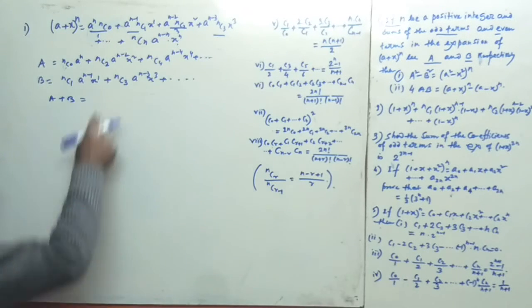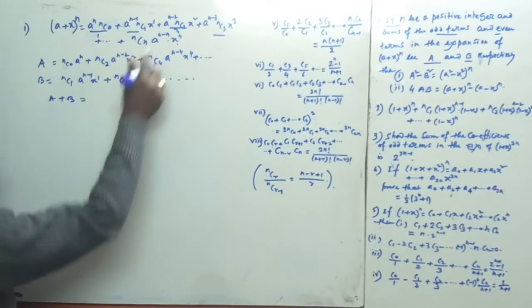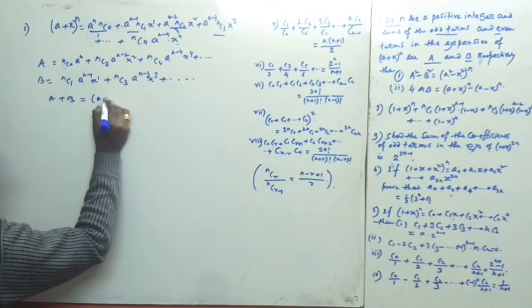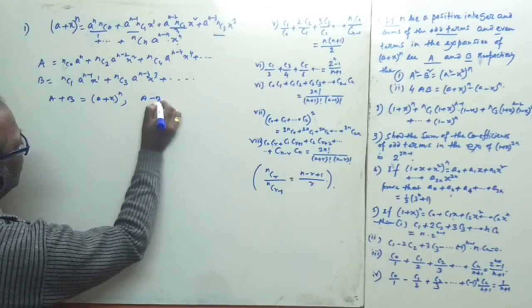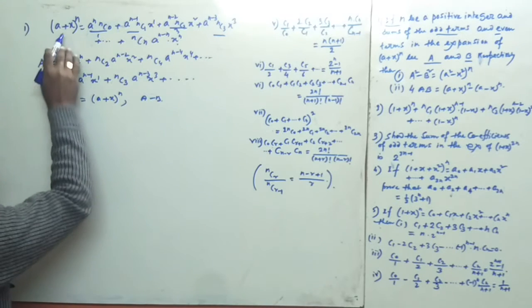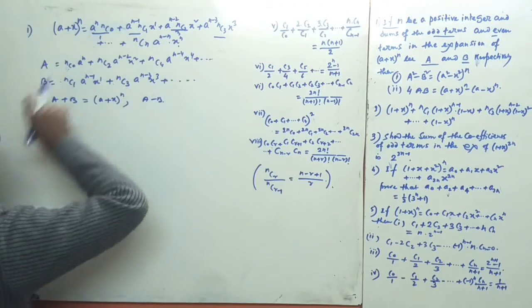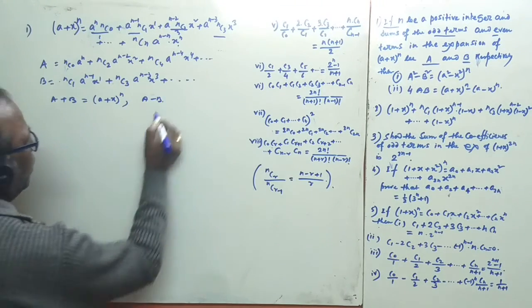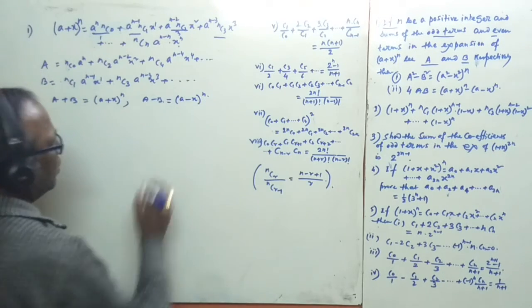If we add these two, A plus B, we get the whole series, so that is equal to (a plus x) whole to the power n. Now find A minus B: these terms become negative, so we get minus here, then minus here, and so on. So we can write this as (a minus x) to the power n.